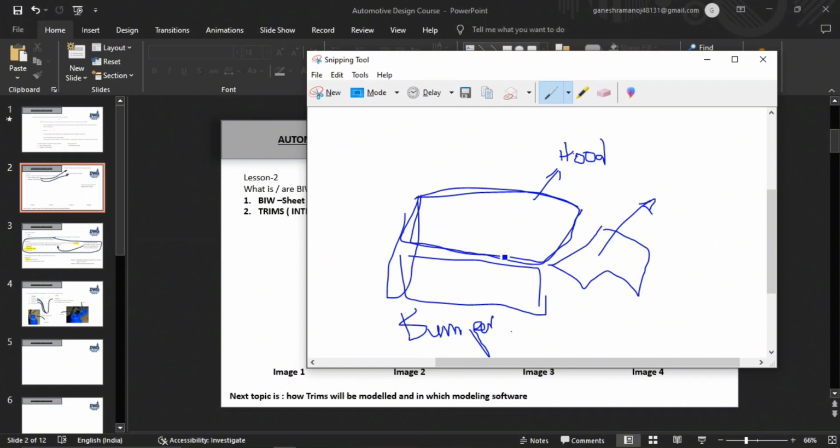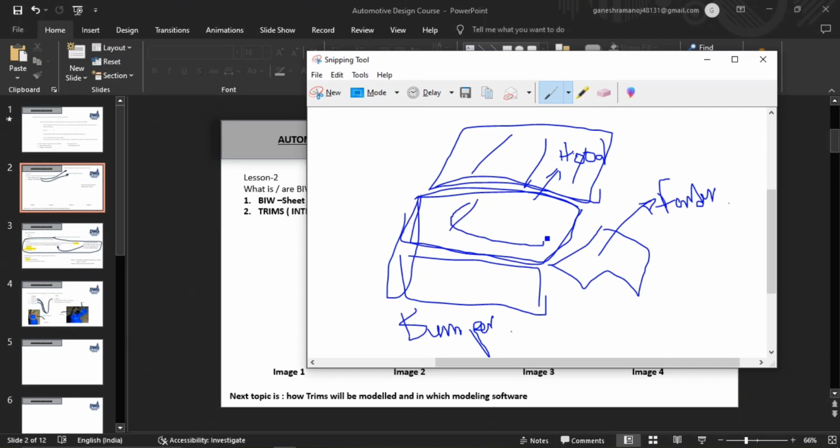On this side, the windshield will be there. Whenever you're designing a hood, you will be seeing every aspect of these also.